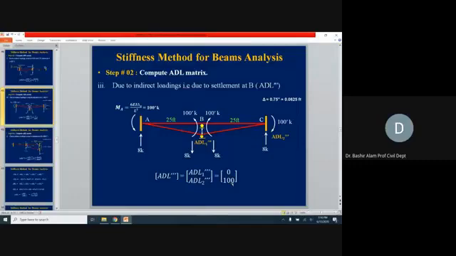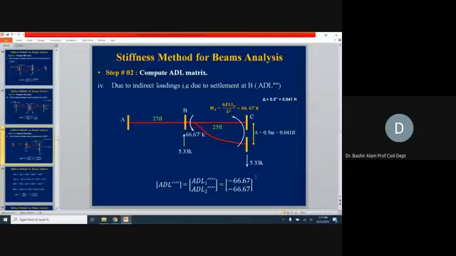You show a settlement at C, you provide a roller guide there and slide point C down by 0.5 inch. 0.5 inch divided by 12, whatever feet is coming, that will come.